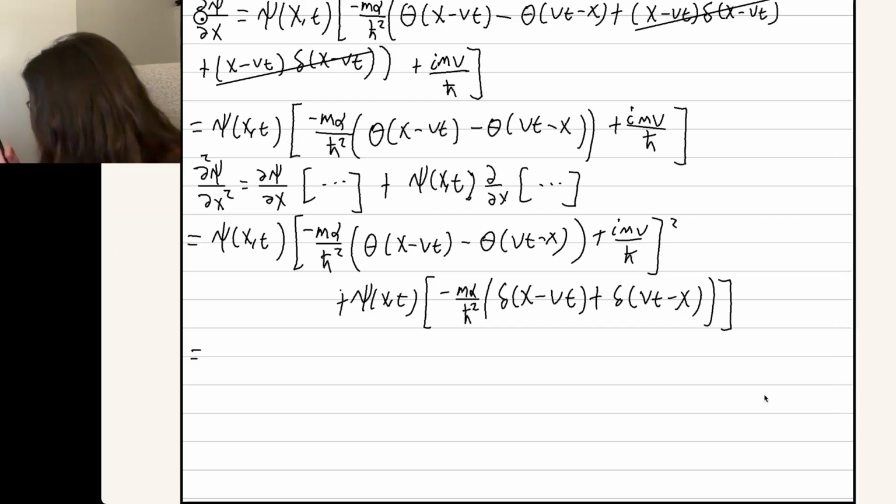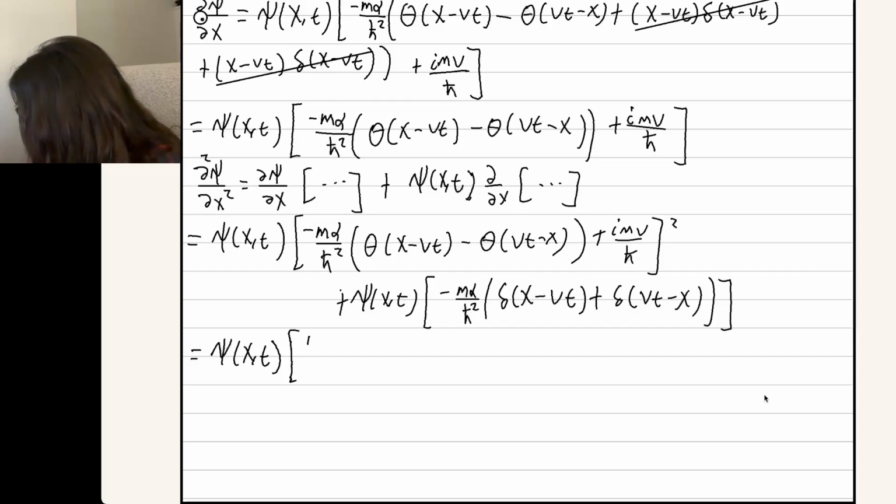Let's keep cooking with this, because we need to expand that square. So it's going to be m squared alpha squared over h bar to the fourth, and then this stuff with the Heaviside functions squared. Whenever you square a Heaviside function, you just get a Heaviside function.